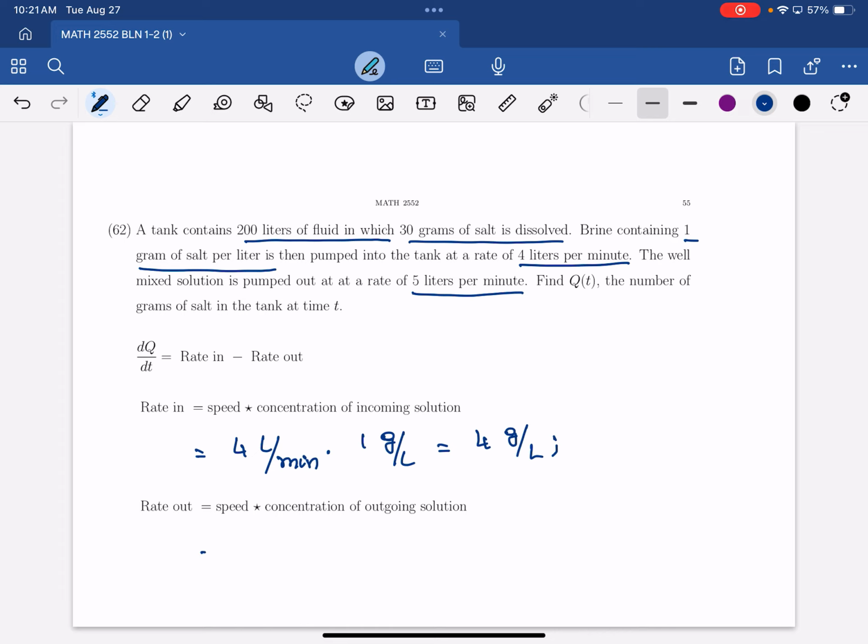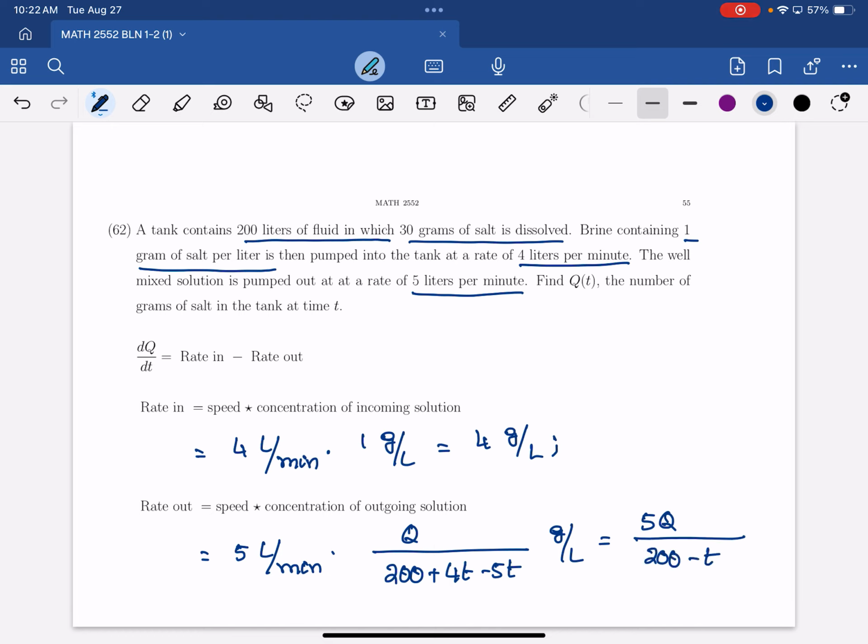Rate out is going to be the speed of 5 liters per minute times the outgoing concentration, which is the same thing again. I don't know what it is, so I'm going to call it Q, but the net volume is going to be 200 plus 4t minus 5t. So that's going to be 5Q divided by 200 minus t.